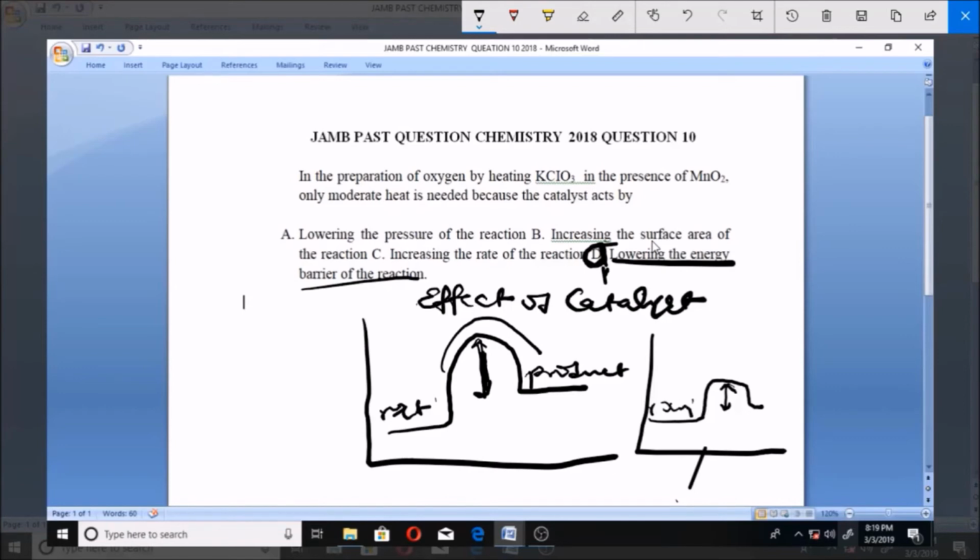So that is why you add a catalyst, to reduce the energy barrier. So it's none of the others. It cannot be to reduce the pressure. A catalyst does not affect the pressure or the surface area of the reaction, but it does reduce the energy barrier so that with less energy you can achieve what you want. Thank you.